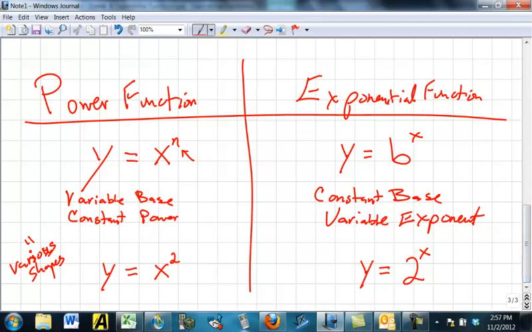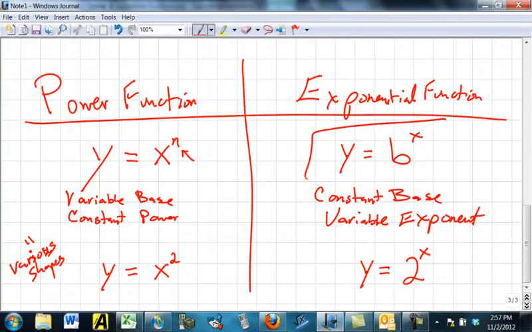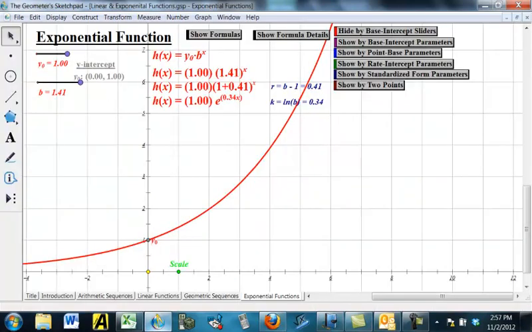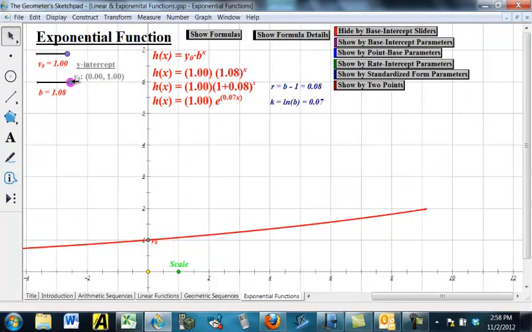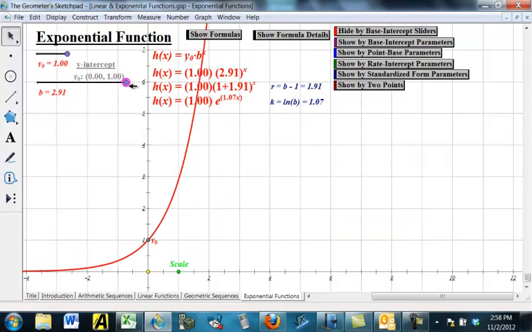And let's take a look at this picture and see what we come up with. So I'm going to have one of these where this coefficient is 1. Then we're back to this one-step function where it's just y equals b to the x. And we're going to see what the graph looks like there. And so here you can see, and notice that the bigger the b gets, the more pronounced the concavity is.